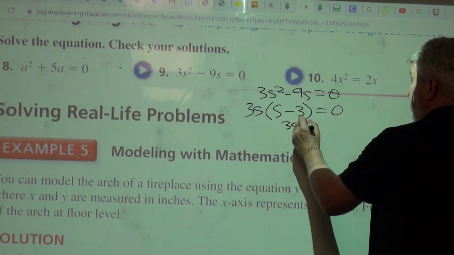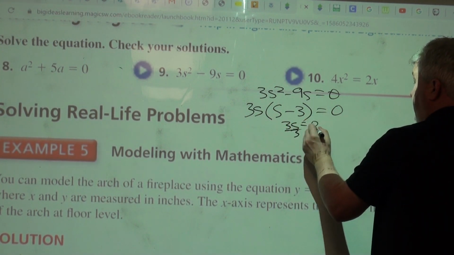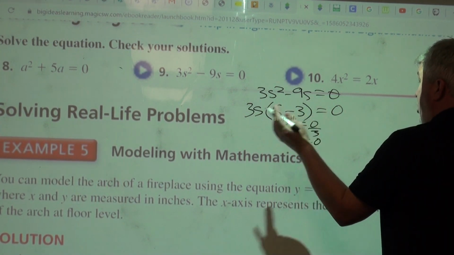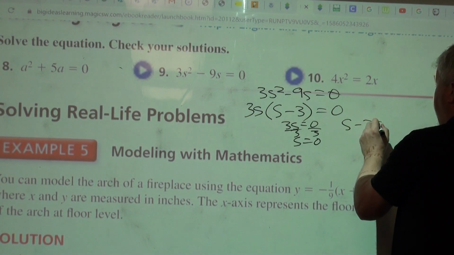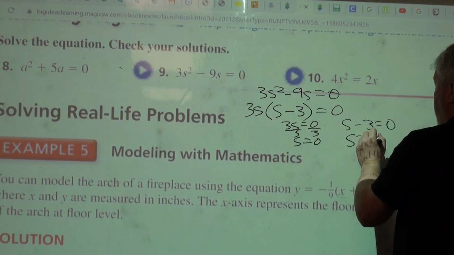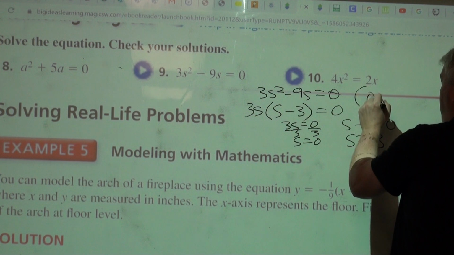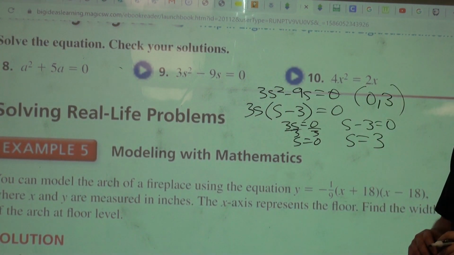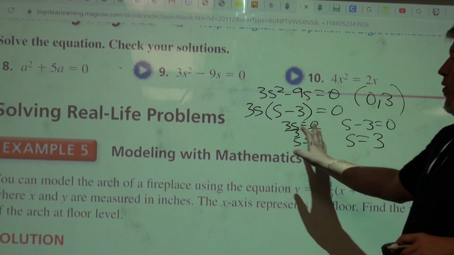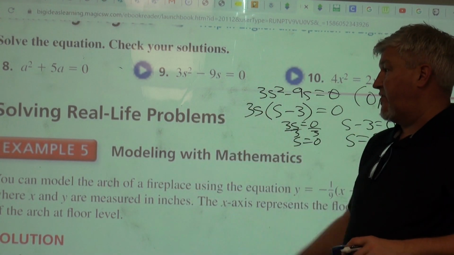So 3s equals 0, divide by 3, s equals 0, or s minus 3 equals 0, s equals 3. So my answers are 0 and 3 for my possibilities. 0 and 3. And again, you can always multiply these to see if that works out for you.